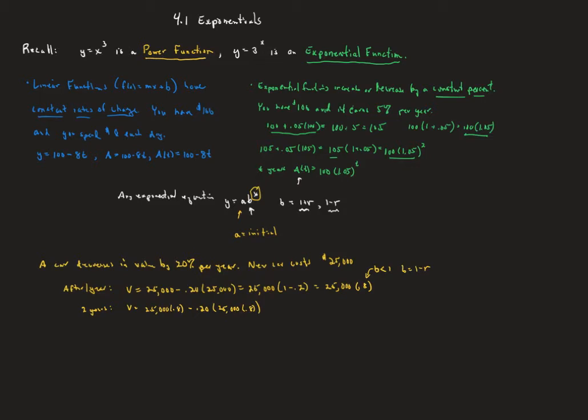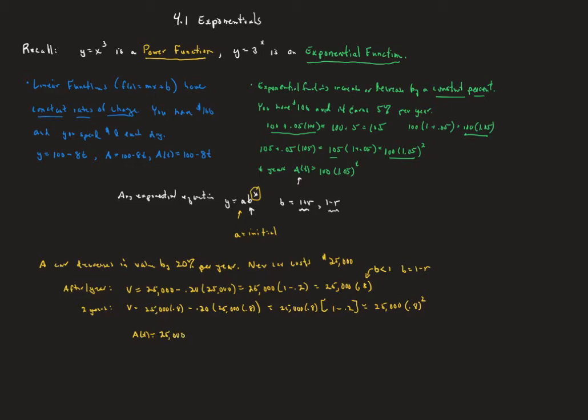If we factor out that 25,000 times 0.8, what's going to be left is the 1 minus 0.2, and there's our next factor of 0.8. So after 2 years, it's going to be worth 25,000 times 0.8 squared. And then hopefully we can see after t years, it's going to be that initial amount.